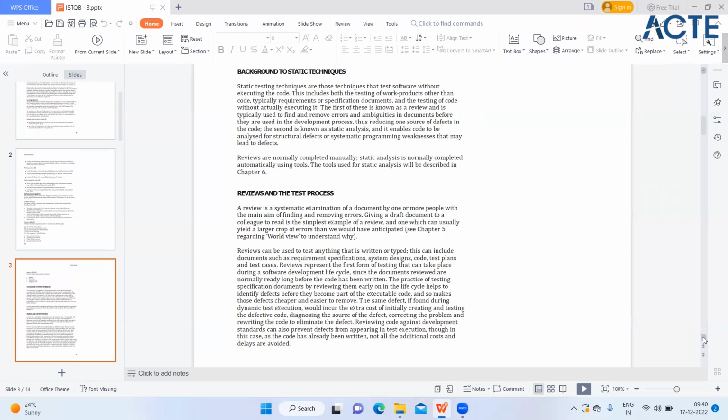Then when we develop the code, it will definitely be smooth, and when we perform testing, there will be fewer chances of missing a particular defect or bug. That's why it is very important to perform testing at the document level itself.